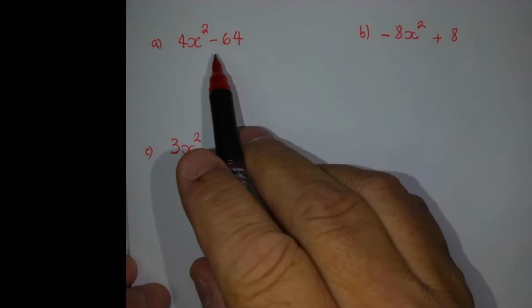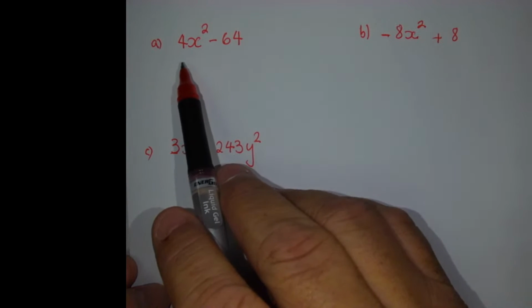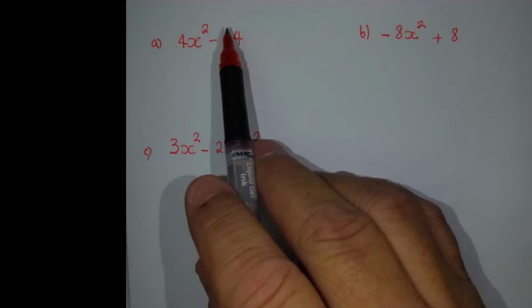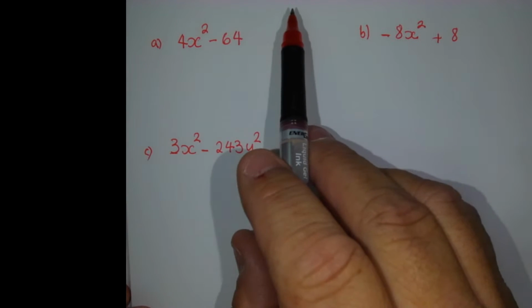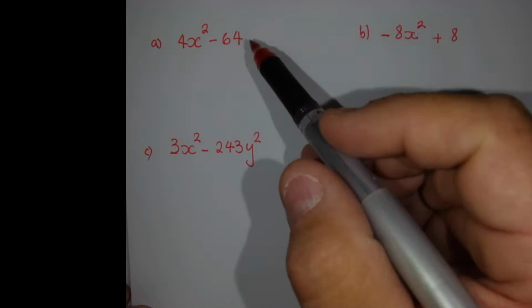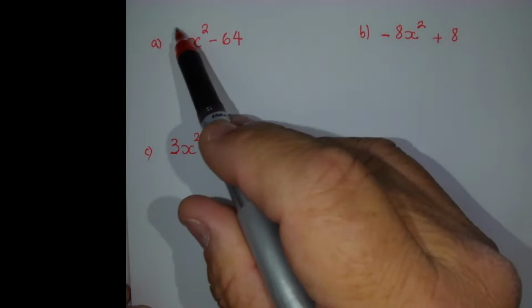So remember, always in the back of my mind, I need to have a look and say, do I have a common factor? And that must be the first question that I ask myself. Do I factorize by using a common factor? So when I look at this, let me look at that expression and see if I've got a common factor.